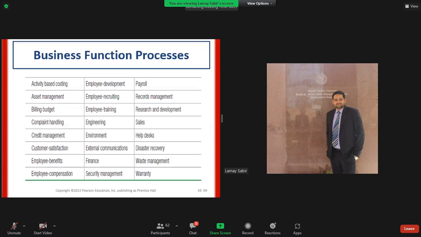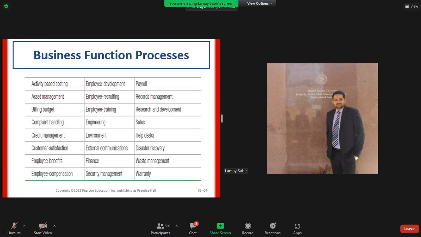All these processes will be useful for the organization, and they need to be optimized so that the overall cost can be reduced. And that can only be done if your strategy is good, if your strategy is actually performing as per the expectation. So these are the examples of processes.